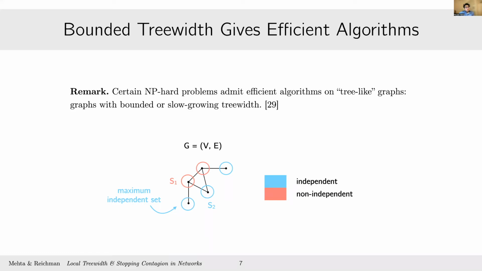But intuitively, we might also expect similar results to hold for graphs which are not exactly trees, but are somewhat tree-like. We want to use this new tree width definition that we have, maybe graphs that have bounded or slow-growing tree width. And that in particular is true for the maximum independent set problem. For graphs with bounded tree width, you can find the maximum independent set in polynomial time.